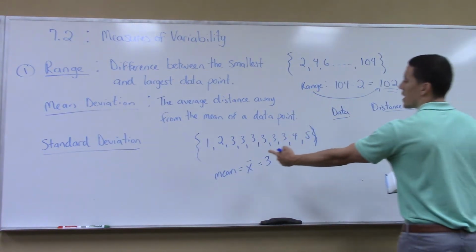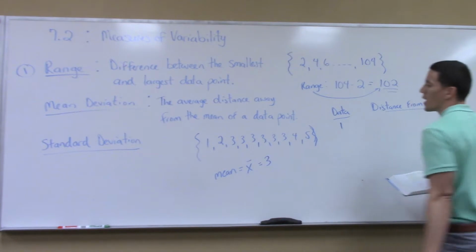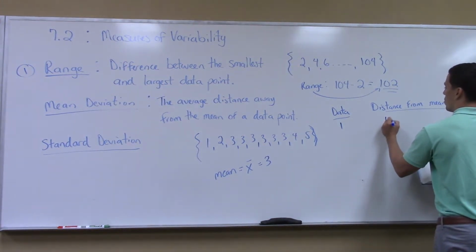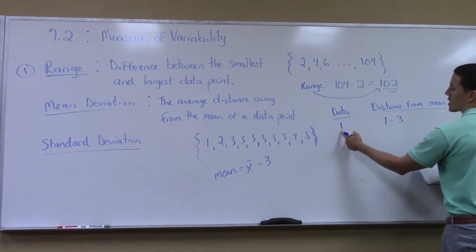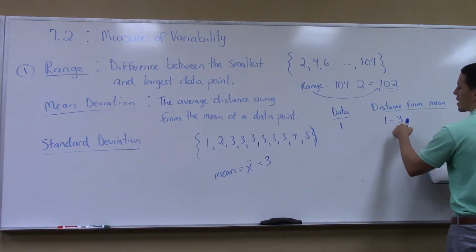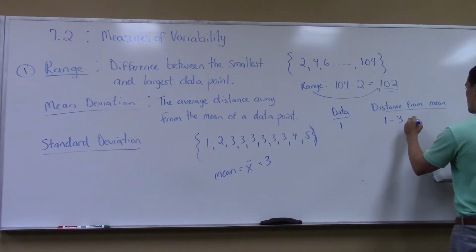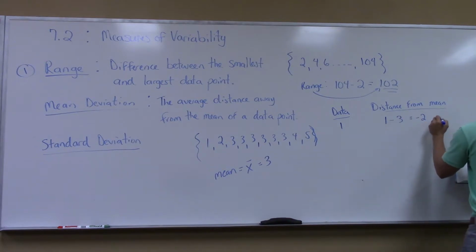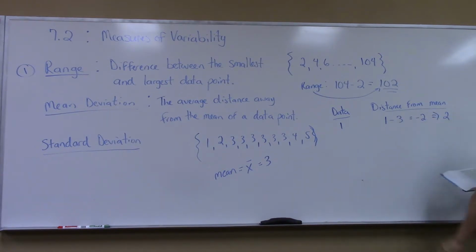So my first data point is 1, and the distance from the mean is 1 minus 3, so this is my data point minus the mean. The distance from the mean is, well, this is -2, but since it's a distance, we're always just going to put it as a positive, so 2. Probably the easier way to do that would just be to reverse that subtraction.